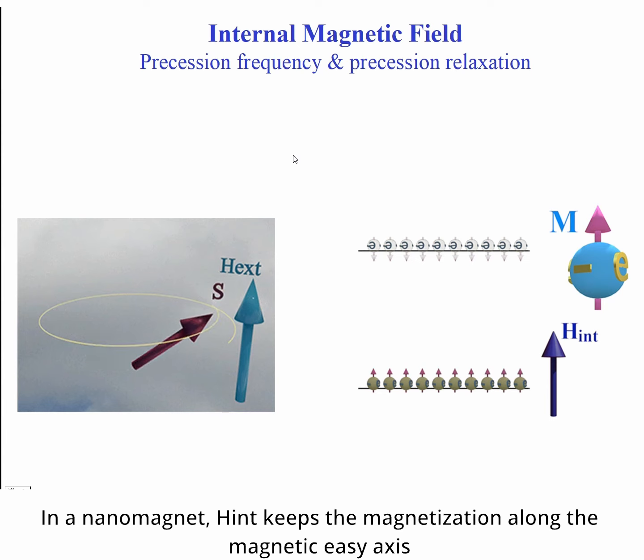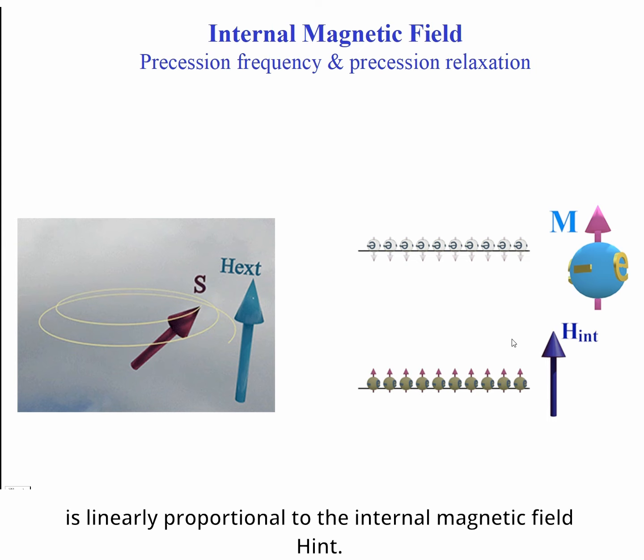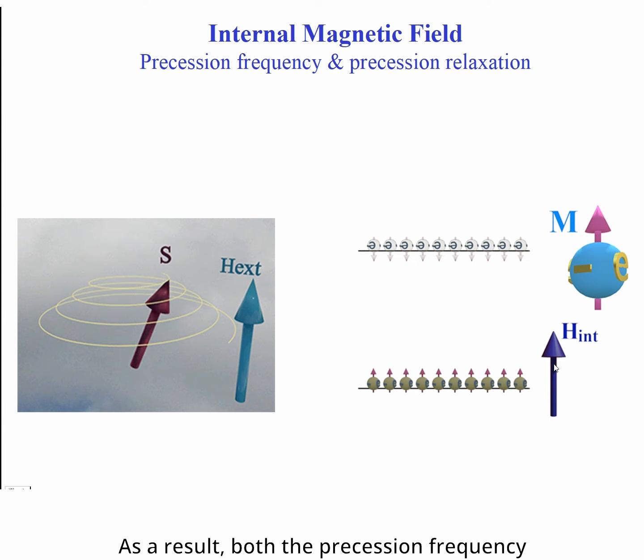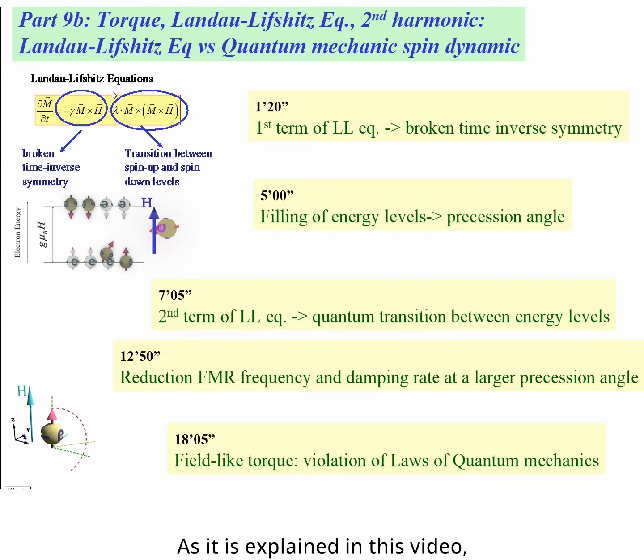In a nanomagnet, the internal magnetic field keeps the magnetization along the magnetic easy axis. The energy splitting between spin-up and spin-down energy levels in a nanomagnet is linearly proportional to the internal magnetic field. As a result, both the precession frequency and the rate of precession relaxation are proportional to the internal magnetic field.